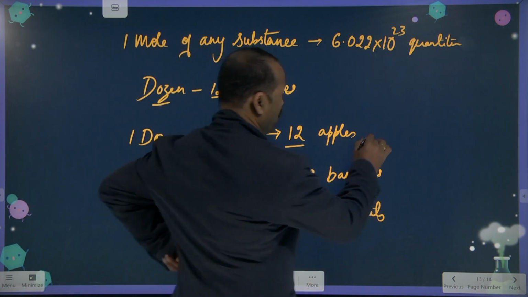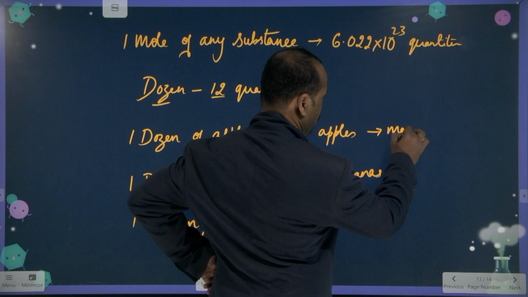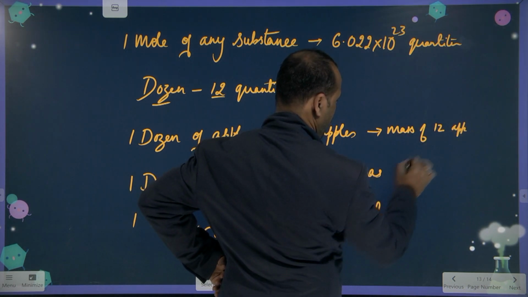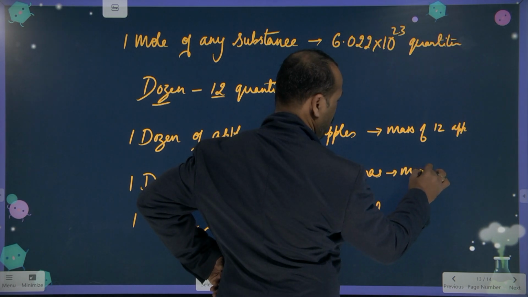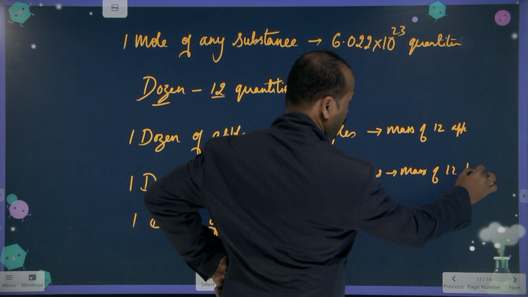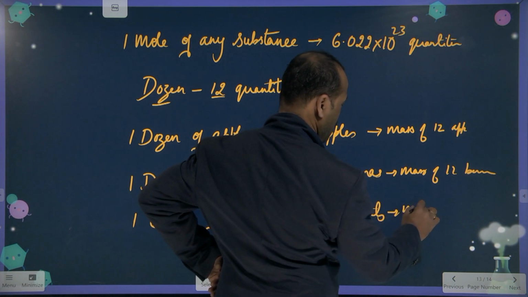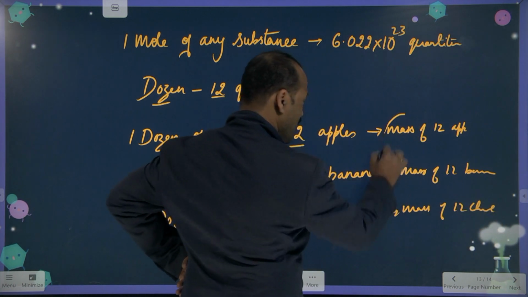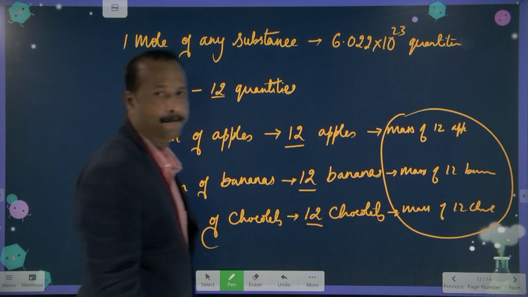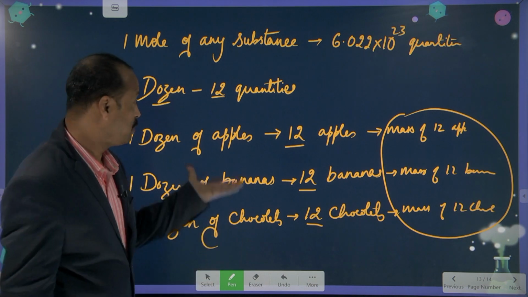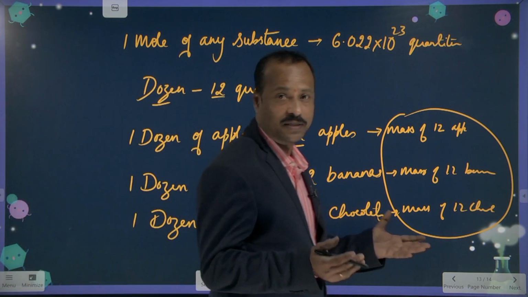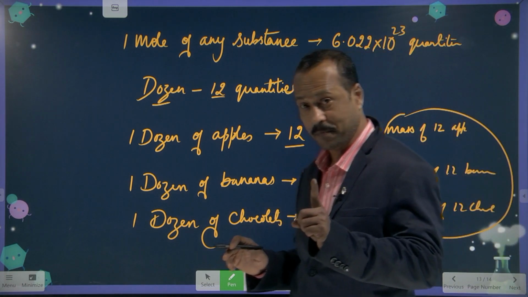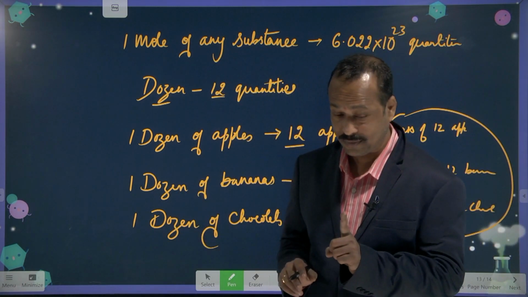But if I check the mass of 12 apples, 12 bananas, and 12 chocolates, does the mass remain the same? No, the mass will be different. Apples, bananas and chocolates have different masses. The number is the same, but the mass is different. Is this clear to you?